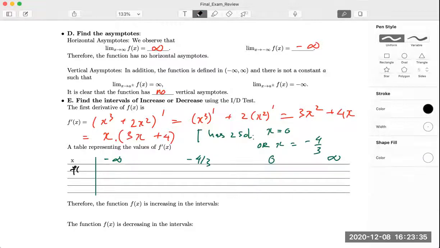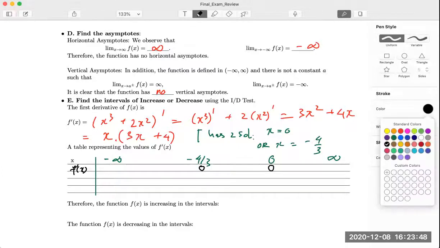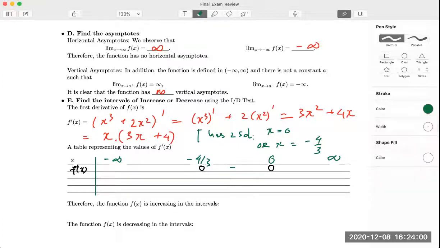F prime of x at the solutions will be 0. Between the two solutions, the sign will be the opposite of the sign of the leading coefficient, which is 3, a positive number. Therefore, between these it will be negative and positive outside.